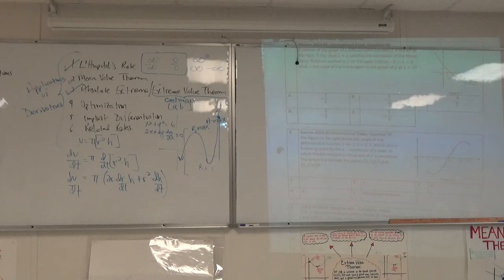No, it's not that kind of. Well, if it's not using C, are we all good with that? The horizontal tangent was because the function is on an open interval.